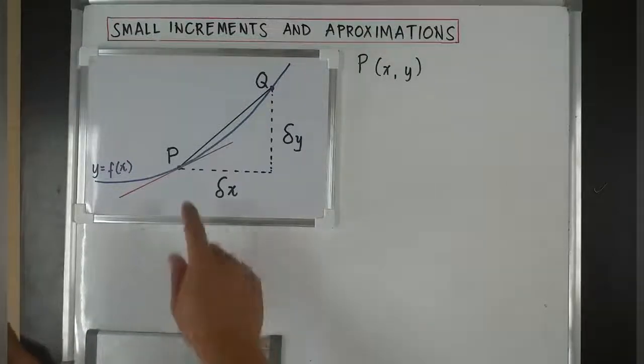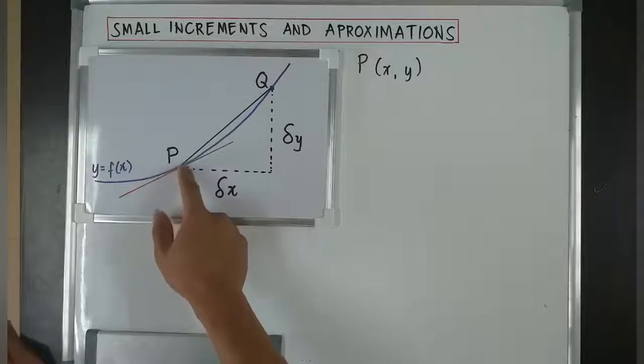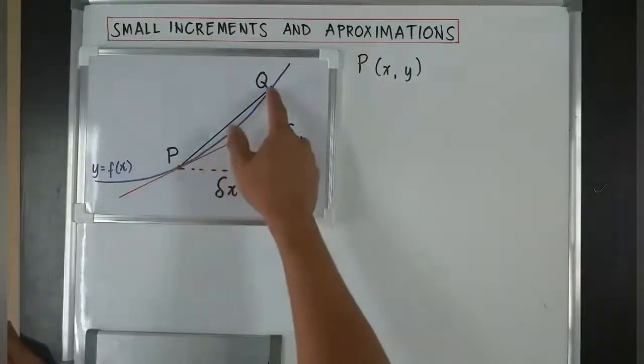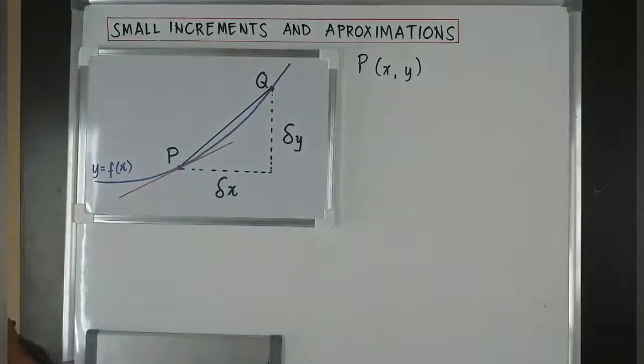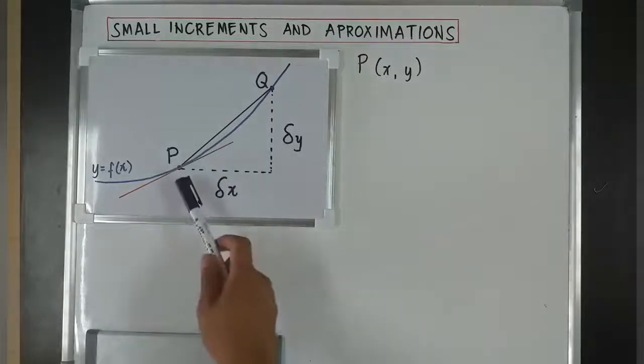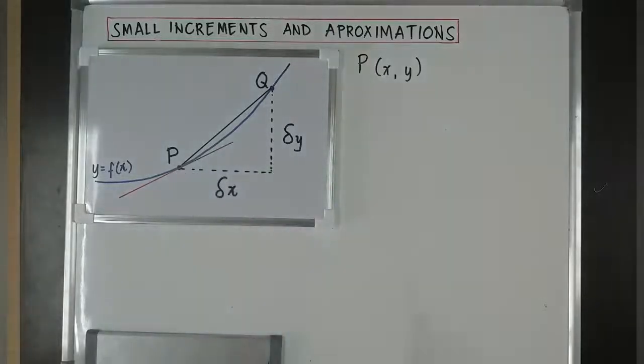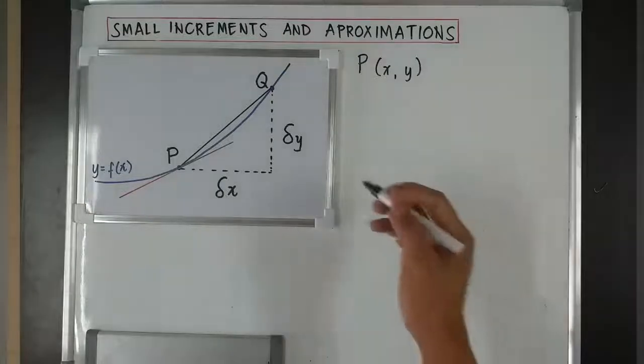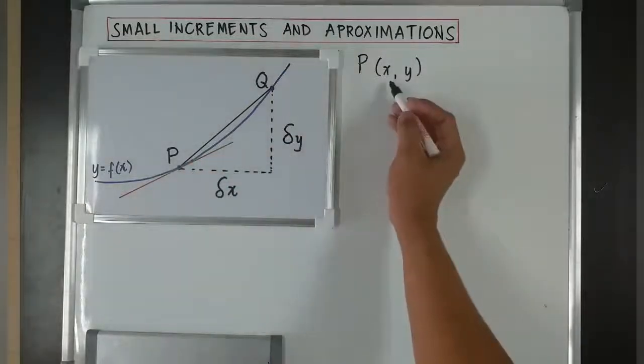Now, as this point P moves going to the point Q, there will be changes in the value of the x and the changes in the value of the y. Thus, let's represent those changes that will happen from P to Q.